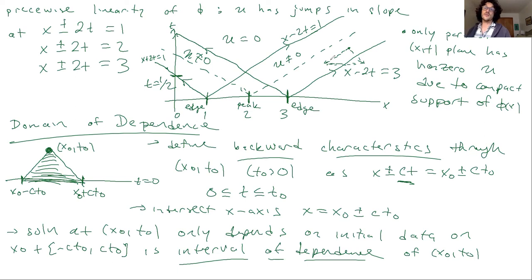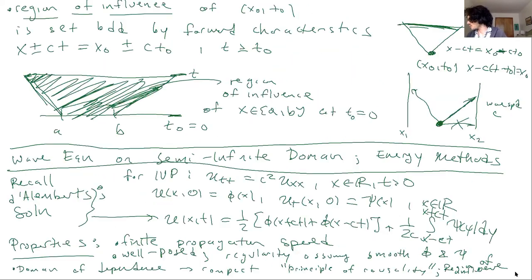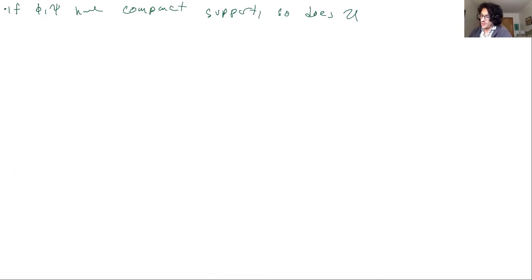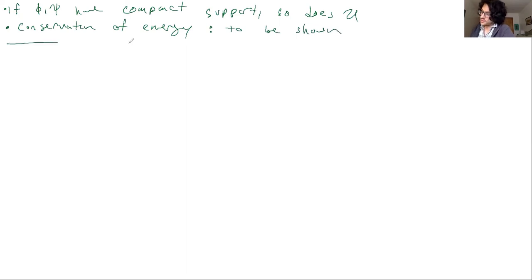It doesn't spread out to be infinite, as you would find in the heat equation, which we will later. So these are key ways that the wave equation is different from the heat equation. We also have a property called conservation of energy, which we'll show later on when we talk about energy methods. So nice properties of the wave equation.